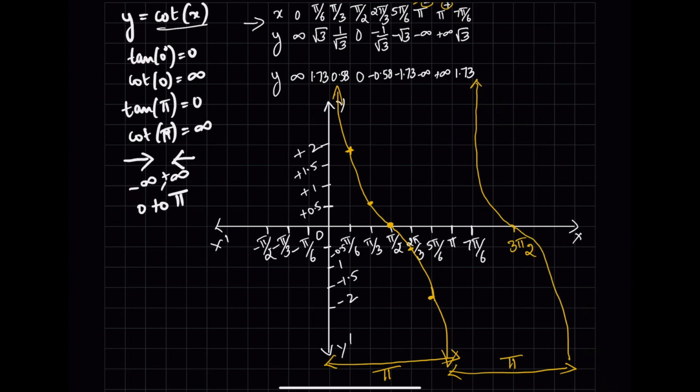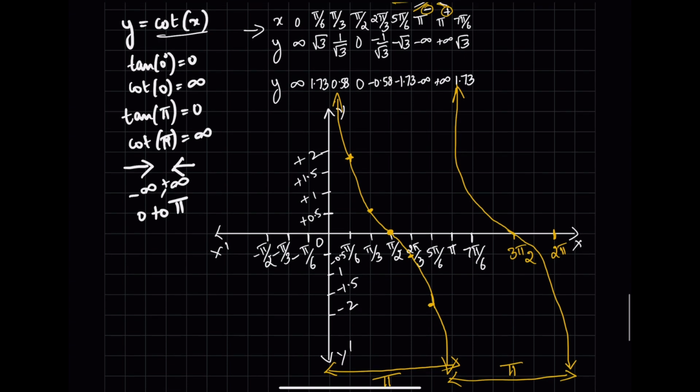So this is how we can find it out. I'm sorry, this should actually extend up to pi. If I extend this, it would go something like this. For every pi period, which is the time frame in which the wave or the graph repeats, we would see this type of graph for cotangent of x.